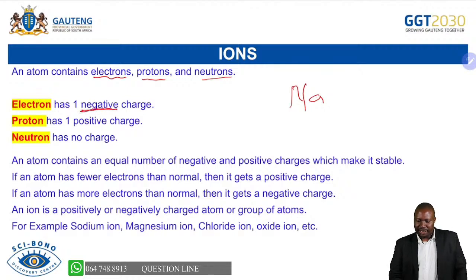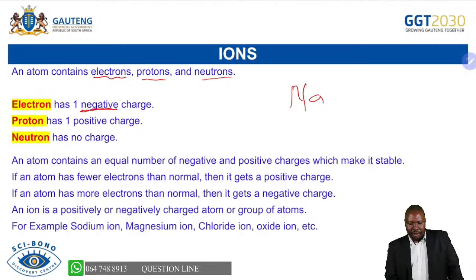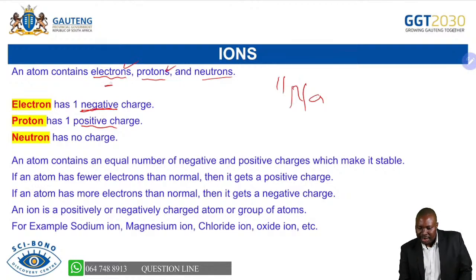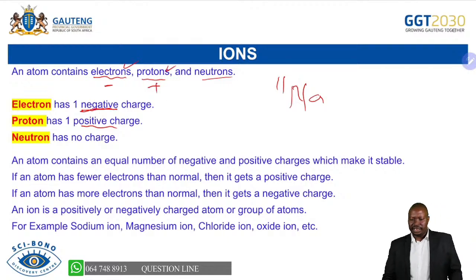We have our positive charges, which are protons. We have neutrons, which have no charge. So sodium is number 11 in the periodic table, which means it has 11 electrons and 11 protons. Electrons give 11 negative charges and protons 11 positive charges. Hence, we write sodium like this as neutral.